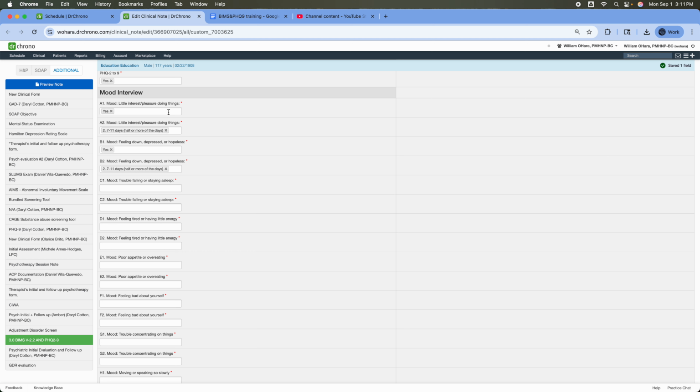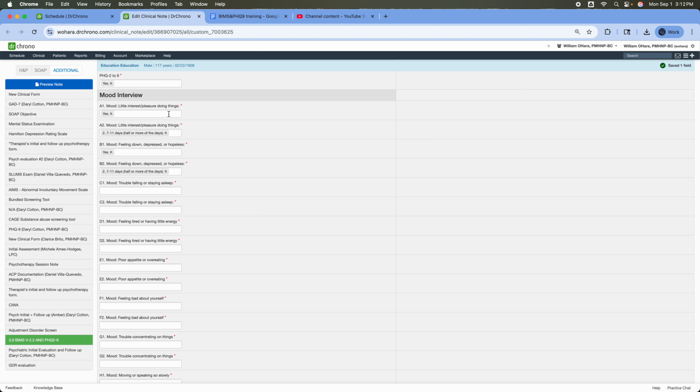So the rules changed for CMS a while back, and they basically stated that if, for whatever reason, either A1 or B1 is a no, even one of them is a no, and then even if it's a yes, but it's a 1, and this is a yes and a 2, you are not supposed to be able to finish the rest of the assessment.